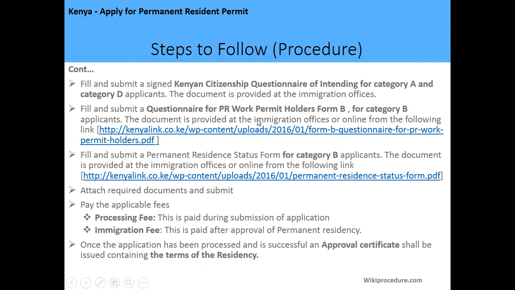The form can also be found at the immigration office, or it can be downloaded through this link.